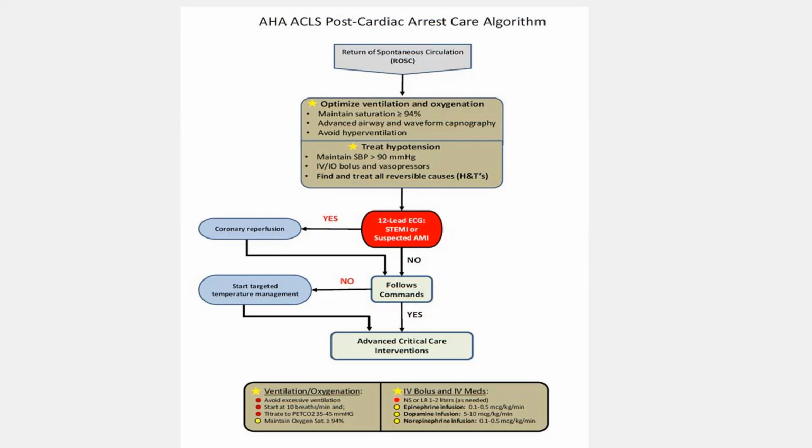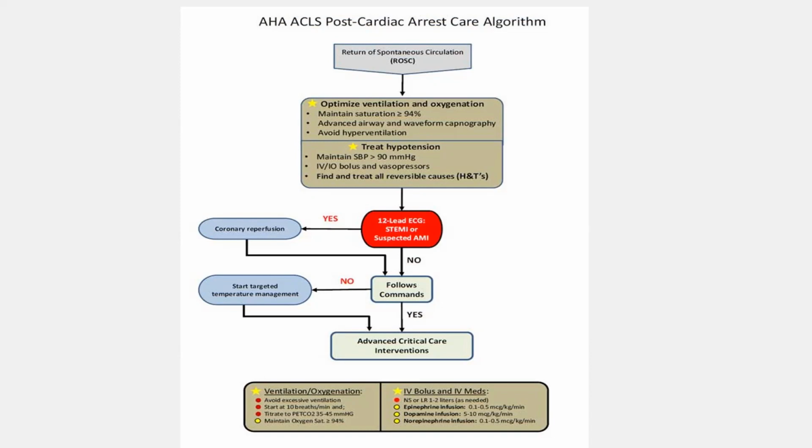This reduces the risk of oxygen toxicity, because excessive ventilation could be just as bad as no ventilation at all. Whenever we have excessive ventilation, we actually reduce cerebral blood flow. Okay?